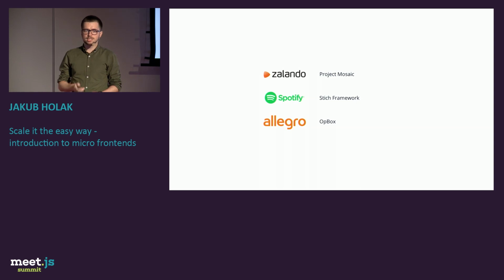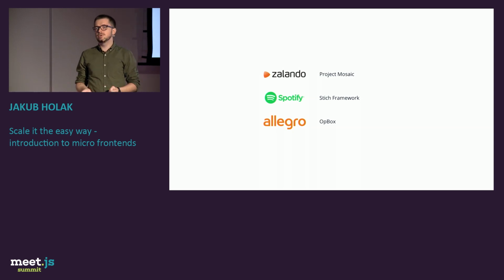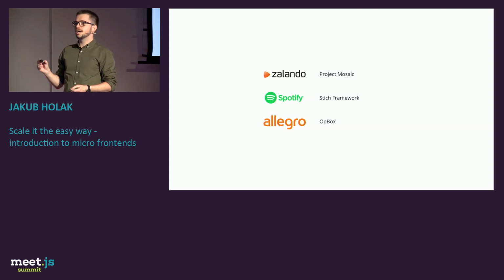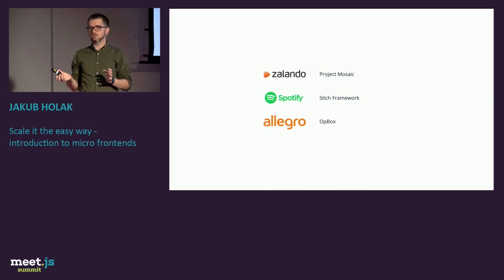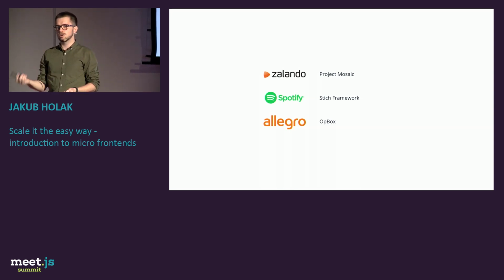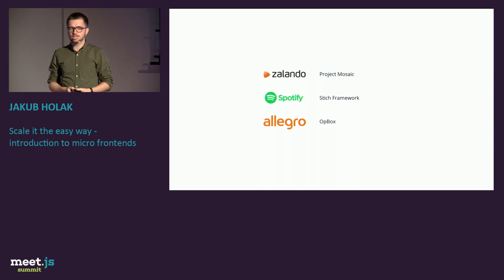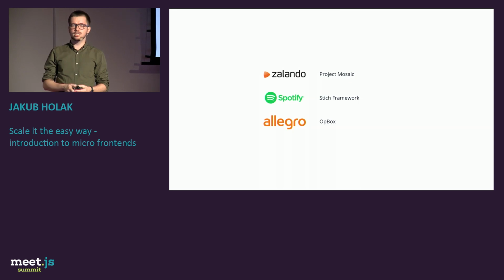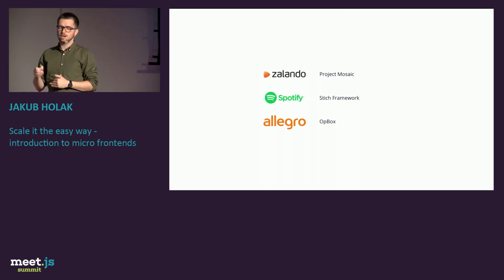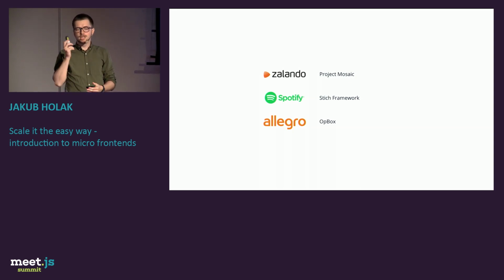A few examples. Zalando uses Project Mosaic, which is a set of open source libraries. Basically, every team creates a so-called fragment, and fragments are merged together to create the website on the server side. You should check out Project Mosaic via Google. They have a bunch of libraries, really cool stuff.